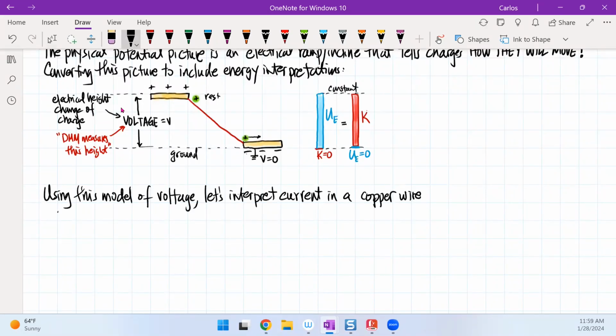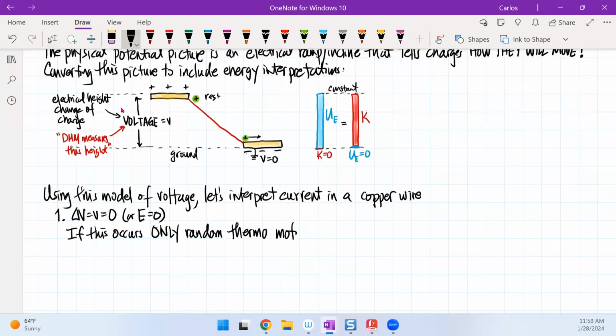The first thing that we'll do here is look at the case where the voltage is equal to zero, or in other words, there is no E field in the wire. If this occurs, only random thermal motion occurs with no net displacement.